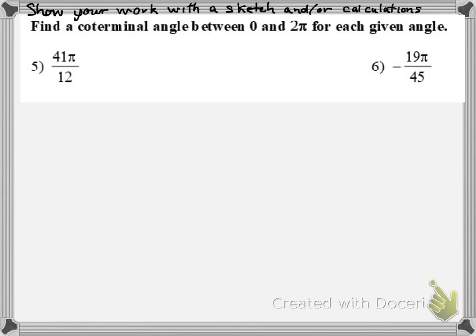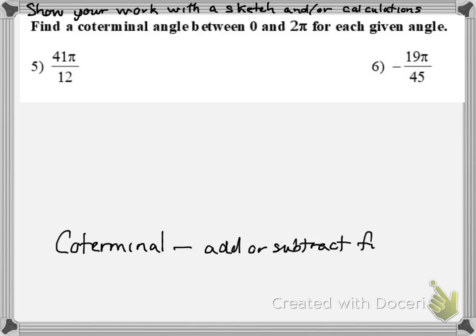And I don't know if your homework has them all in radians or some in radians and some in degrees. But we're going to remember that when we go coterminal, we're going to add or subtract a full circle, which means we're going to add and subtract 360, or we're going to add and subtract 2 pi.